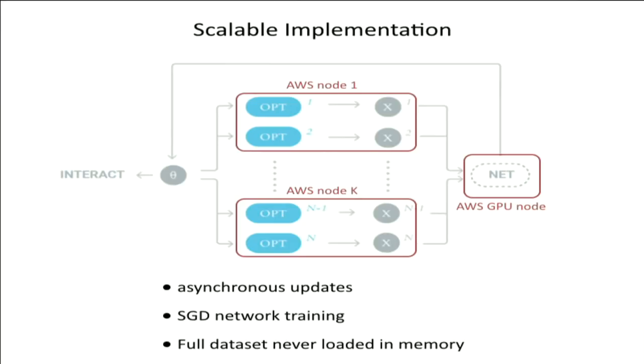At the same time, the training server sends the most recent set of parameters to each of these individual nodes, and they try to stay close to the resulting policy.